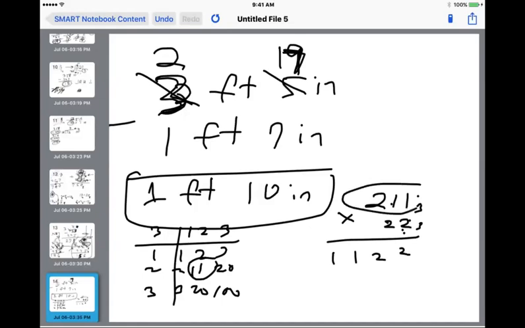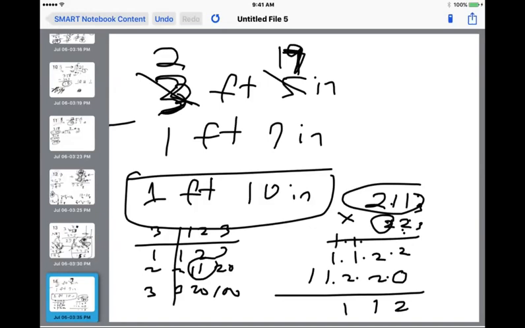Then we do the 211 times this 2, but it's not really a 2, it's 2 3s, so we have to put a 0 here, just like we do in base 10 multiplication, and do the same thing. And then when we add, 2 plus 2 is 4, but 4 looks like 11 in base 3. 2 plus 1 plus 1 is again 4, which looks like 11. And 1 plus 1 plus 1 is 3, which looks like 10.